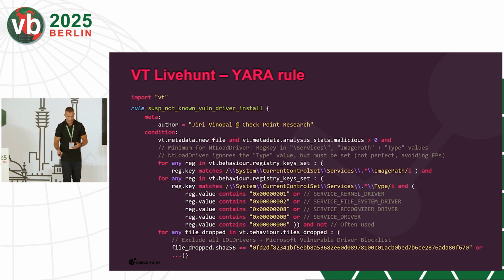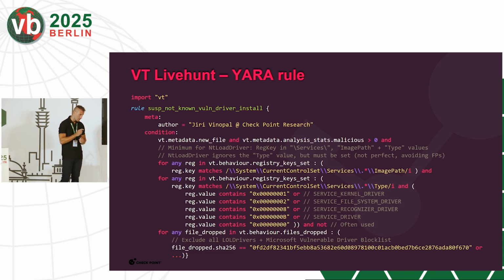But the truth is that whenever you are using direct syscall on Windows to load a driver, basically you need to set the type, but the type is not something Windows cares about. So this kind of rule is generic, and you get a lot of false positives, but still you get something, but you need to wait.